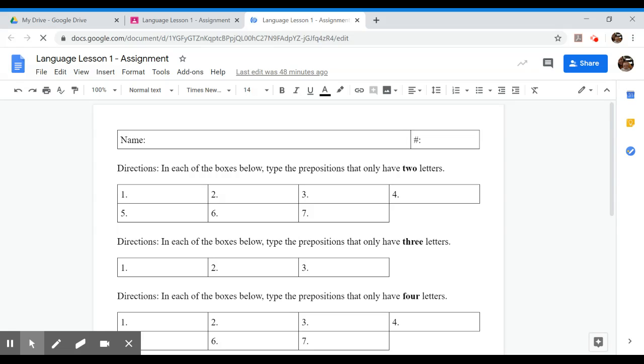Okay, in the box that says name, you're going to click after it, right? And you're going to type your name. Okay, in the box that says number, you're going to click in it and then type your number. Okay, you don't need to add anything else or erase anything else. Your job is going to be clicking in each box to add it.